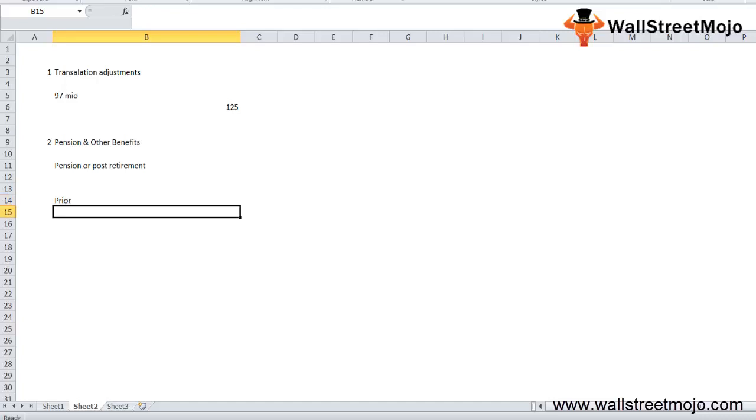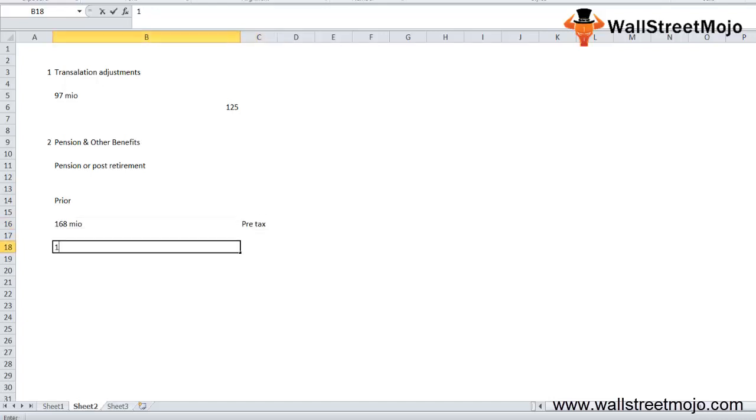Pension or post retirement plans transition assets or obligation. So in our scenario, when we saw the extract, we note in Colgate that the retirement plan and other retirement benefits adjustments were 168 million pre-tax, and 109 million post-tax.